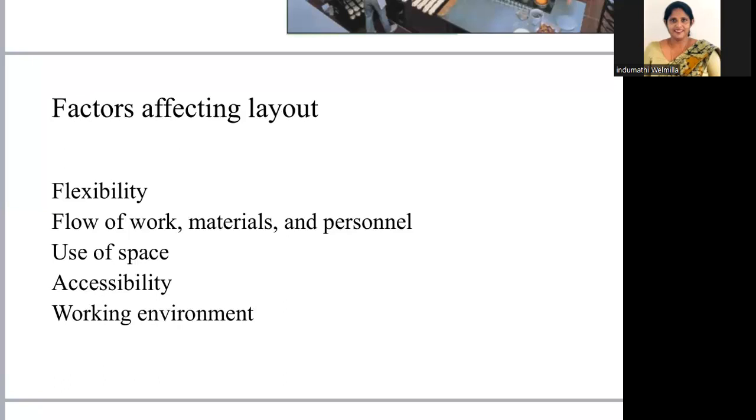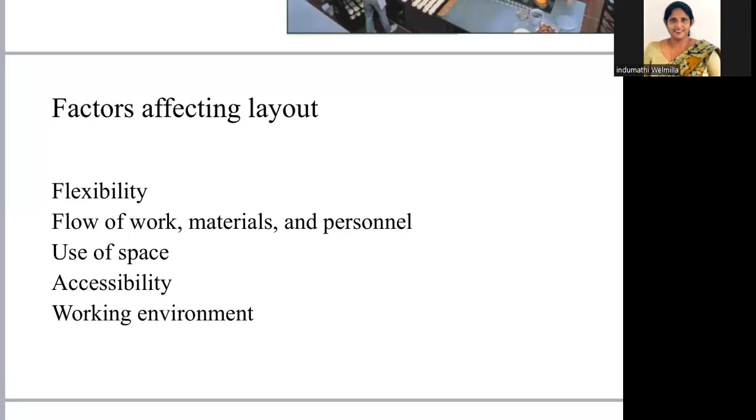And use of space. Space use is another important factor, because space in a facility should not be used only as floor space. Remember that, right? But seen volumetrically, based on the volume, it's also depicted, right?